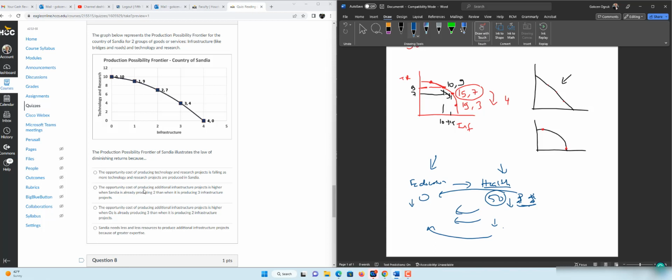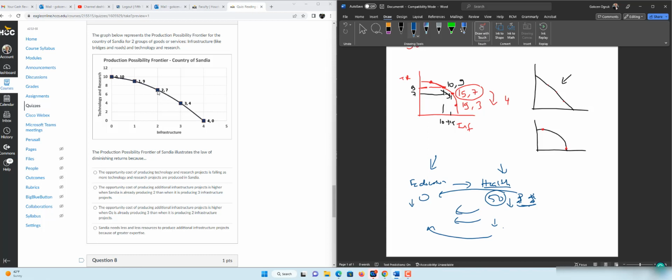The opportunity cost of producing additional infrastructure projects is higher when Sandia is already producing 2 than when it's producing 3 infrastructure. Let's find out. If Sandia was producing 3 and wants to increase to 4 infrastructure projects, then Sandia needs to give up 4 technology projects, from 4 to 0.